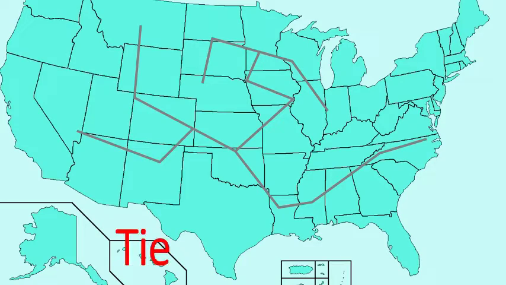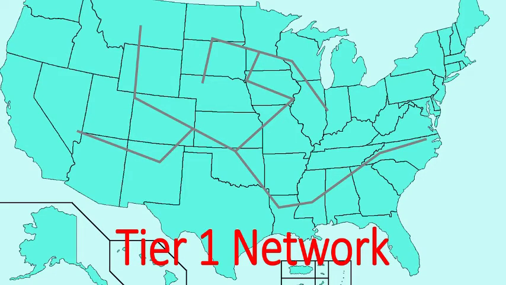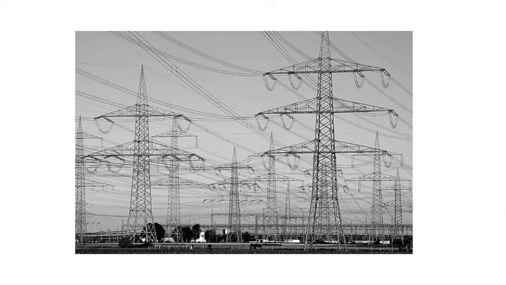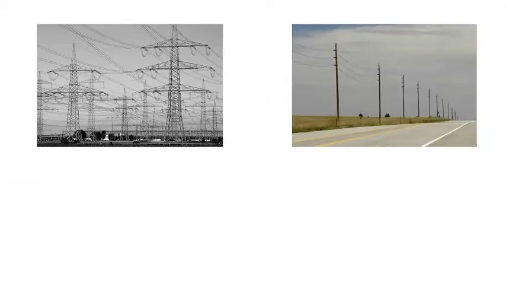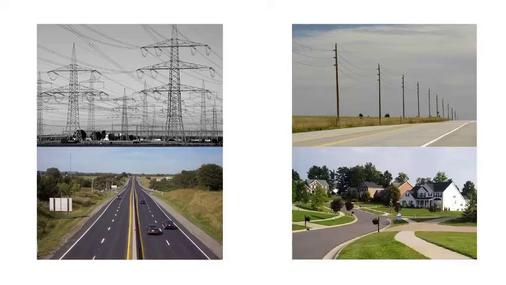These are known as Tier 1 networks, and they're like the interstate highways of the internet. It's not really practical for these companies to manage all of the smaller lines within your town that transfer the data directly to your house, in the same way that the people who build the highways aren't the same who are going to build the road to your neighborhood. This is where internet service providers come in. Internet service providers are known as either Tier 2 or Tier 3 networks, depending on how specific they are.